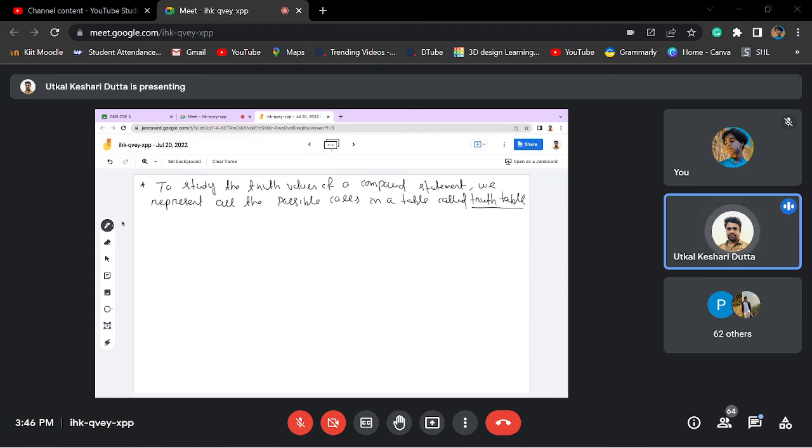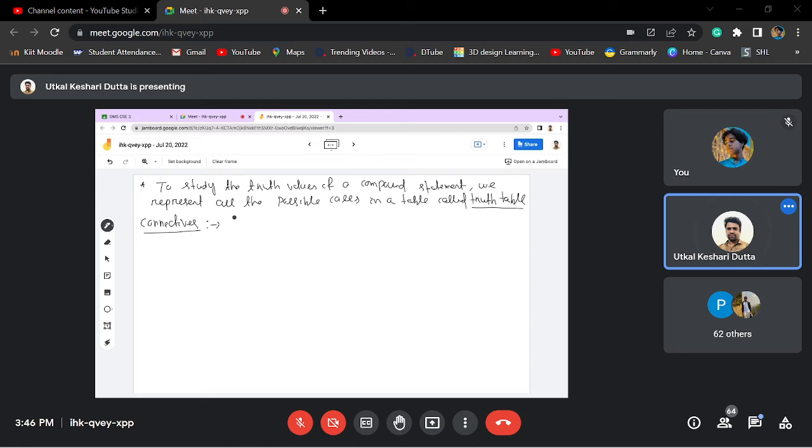Then, according to your syllabus, as you are studying propositions, we should know about the logical operators or connectives. Connectives are the operators which connect two or more atomic propositions or existing propositions to make a new proposition.